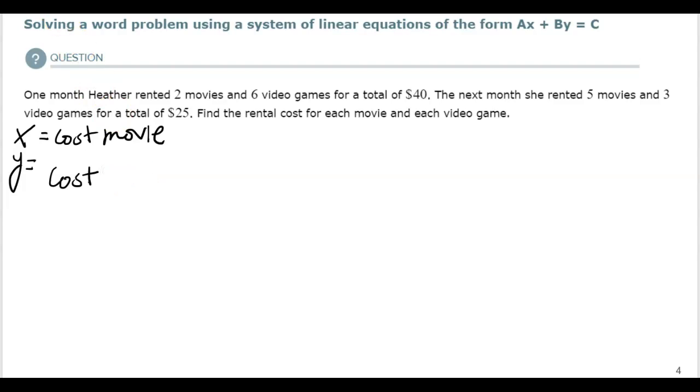I'm going to go ahead and highlight this: 2 movies, 6 video games, 40. That's going to be one equation. And this: 5 movies, 3 video games, and 25 is going to be my other equation.